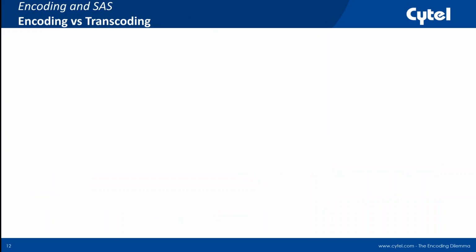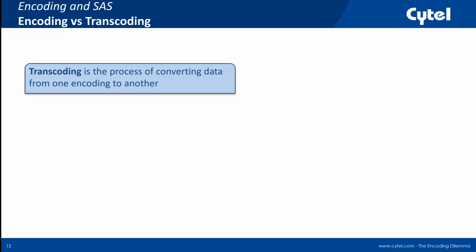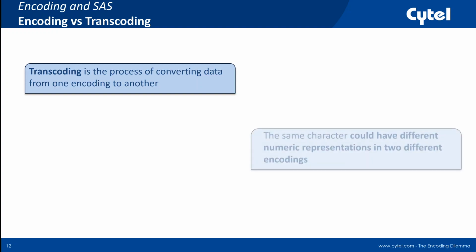We discussed so far about encoding, but let's also clarify a couple of topics related to transcoding. Transcoding is the process of converting from one computer encoding to another.